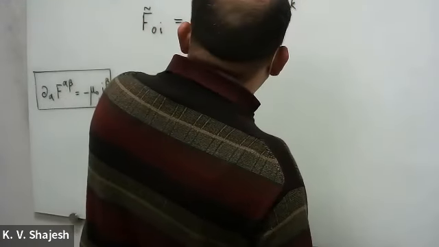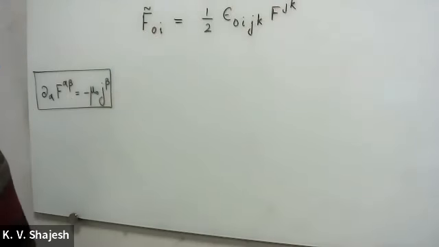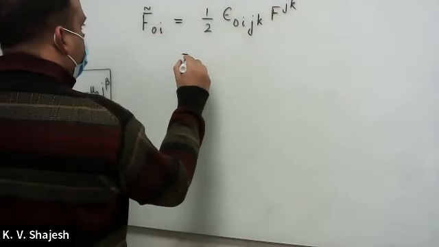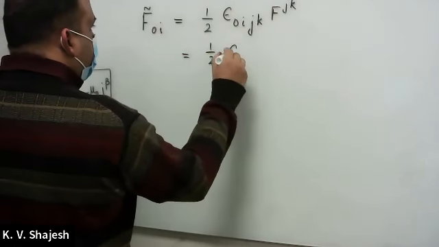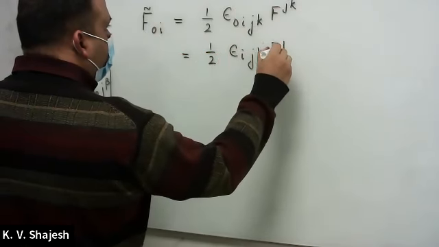If this is fixed 0, ijk has permutations between them, so that's nothing but ijk itself. So this is 1/2 times epsilon ijk F jk.